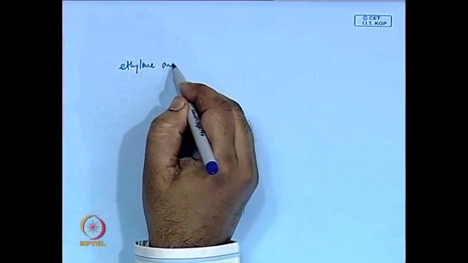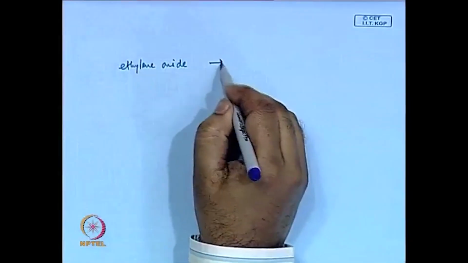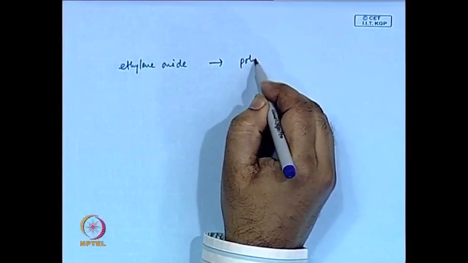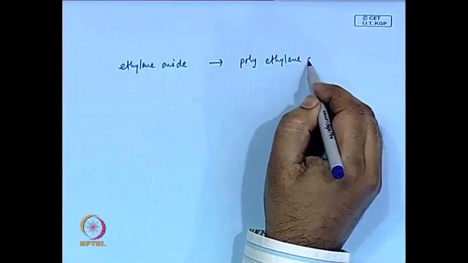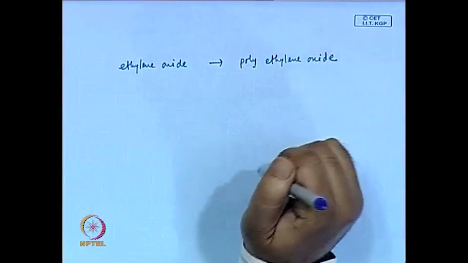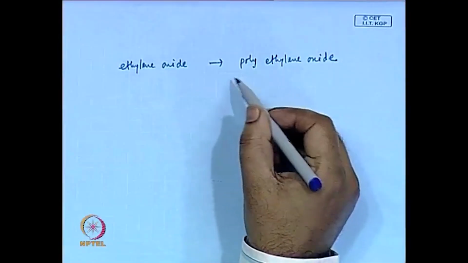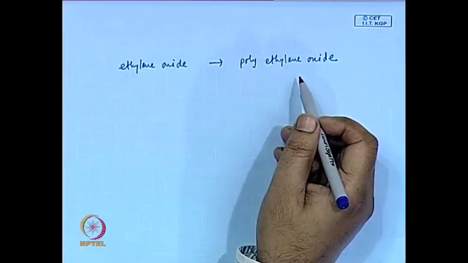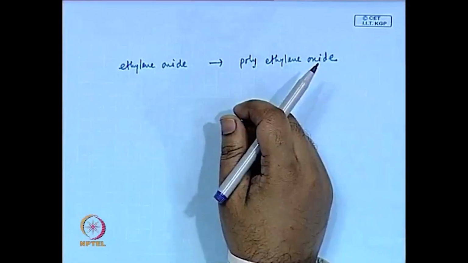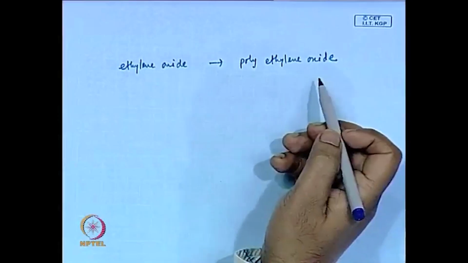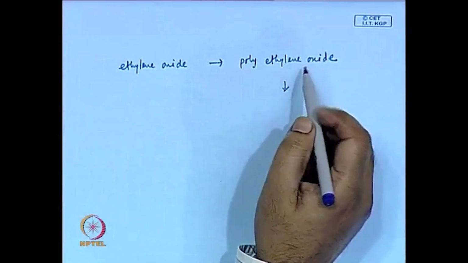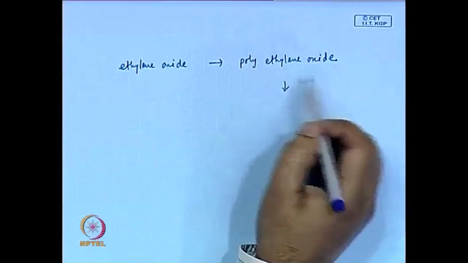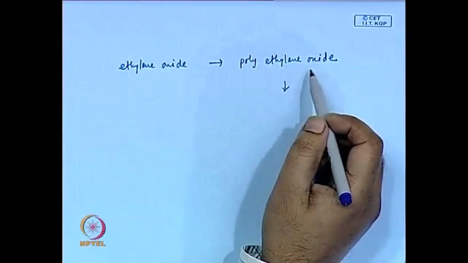ethylene oxide to polyethylene oxide. Now, if I write this polyethylene oxide, this might give you different structures depending upon how you represent this molecule.